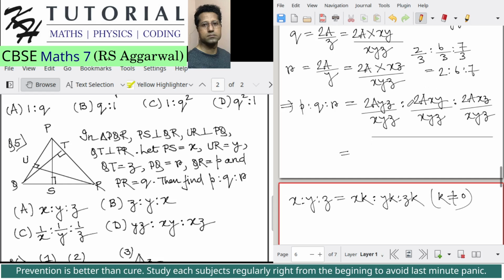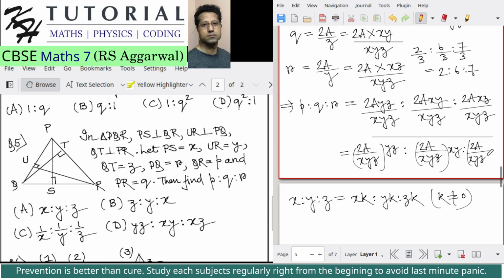in fact, you can see that in this ratio, 2a yz by xyz is to 2a xy by xyz is to 2a xz by xyz. In all the parts, there is one common thing, so let me write it. So 2a by xyz multiplied by yz is to xy is to xz.